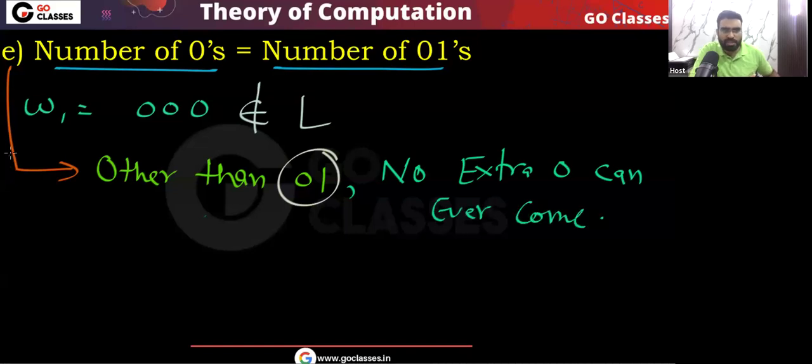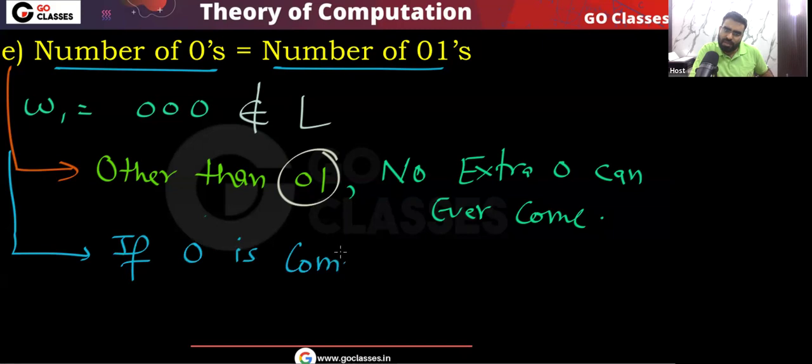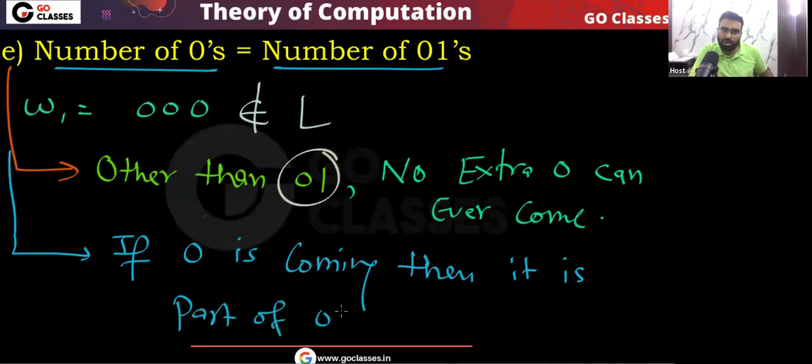It means I can also say that in this language, if 0 is coming, then immediately after it 1 will come. If 0 is coming, it is part of 01. Did you understand?